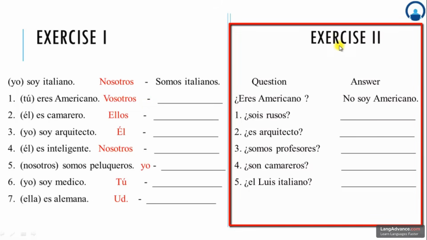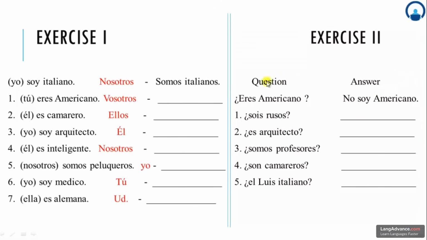Exercise 2 is also similar to exercise 1, but in exercise 2 there are questions and answers. And there is a twist in this. In exercise 1 the answers are purely positive statements. In exercise 2, you have to write all the answers in negative. For example, the first one, ¿Eres americano?